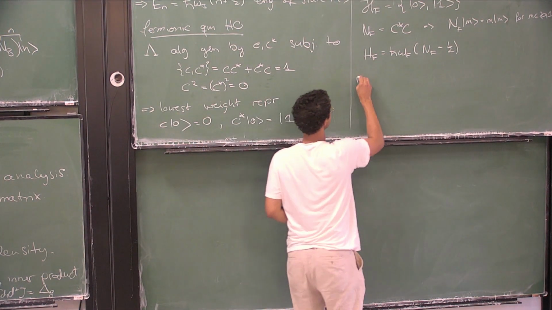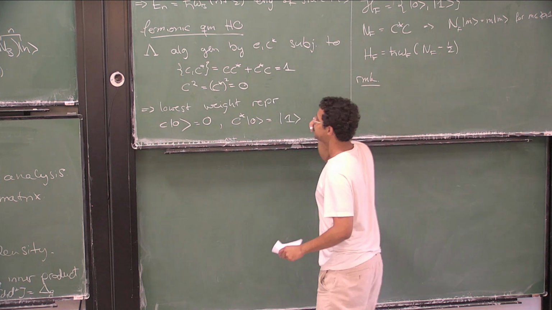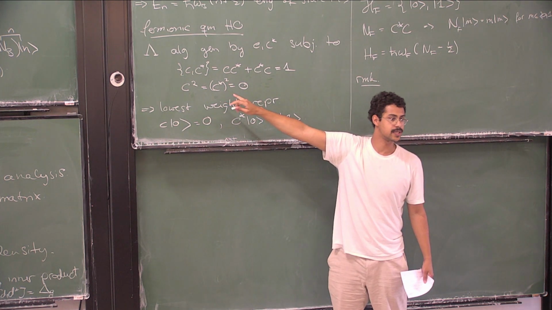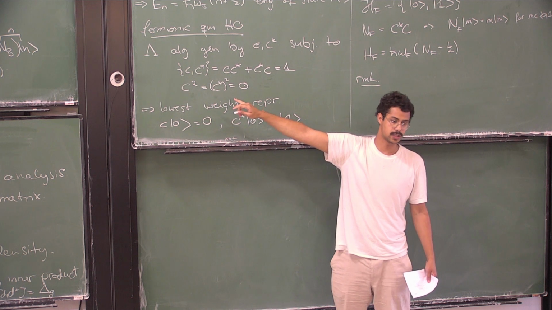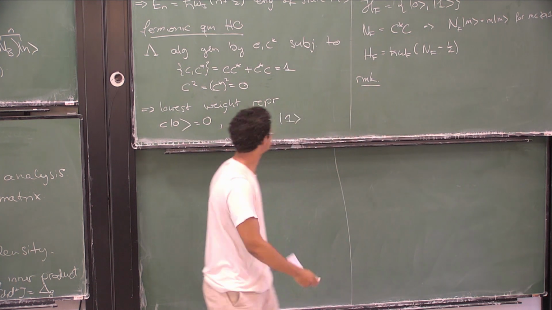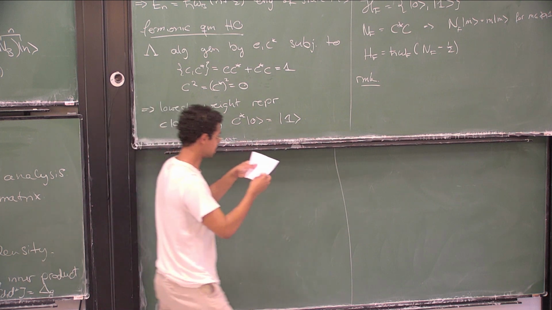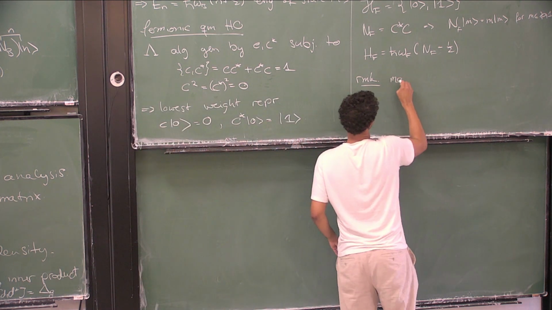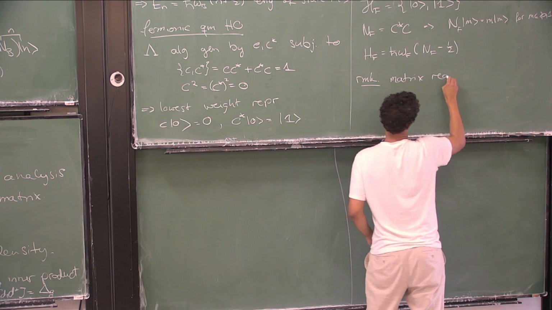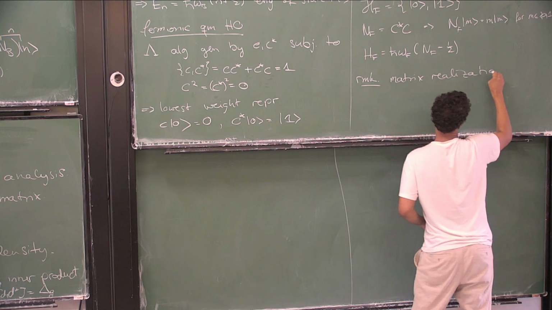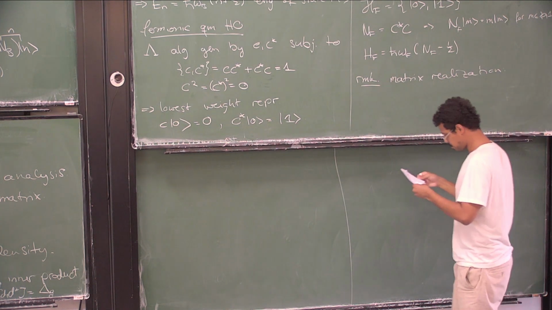So here's a remark, just to see whether maybe this is not so nice. Probably this is just some abstract nonsense, and we should give an example of something we understand better. There's a realization, in fact a matrix realization. What's this matrix realization?